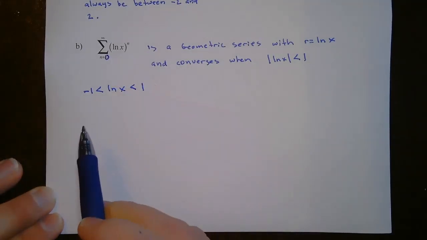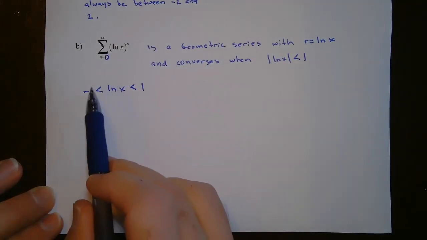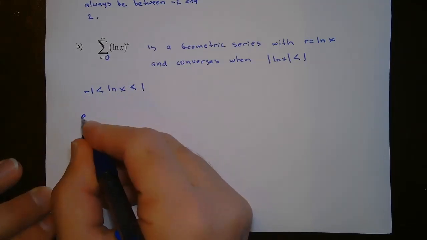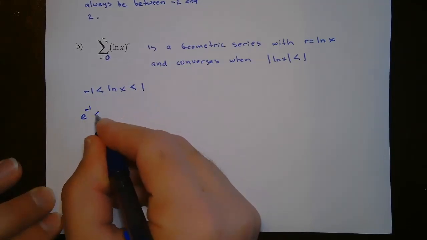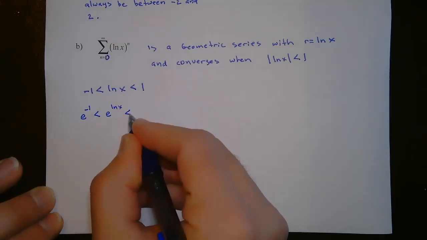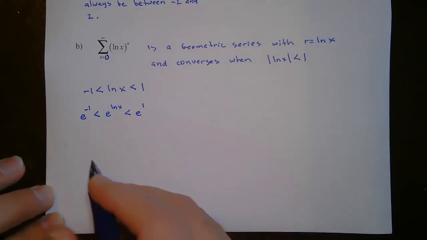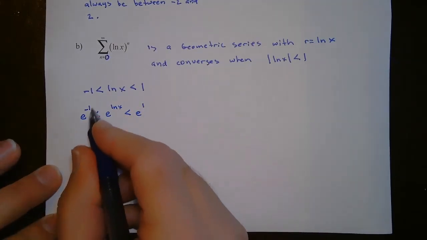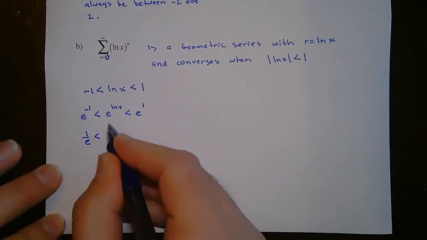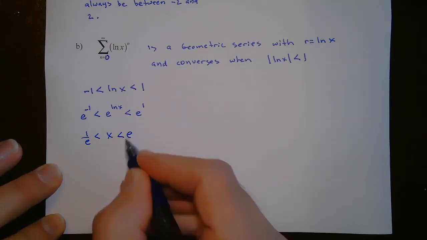Now what we're going to do is exponentiate this. We exponentiate the left side, the middle, and the right. So this becomes e to the -1 is less than e to the ln of x is less than e to the first power. That means this becomes 1 over e is less than x, which is less than e.